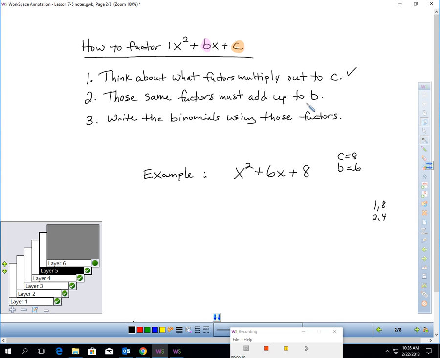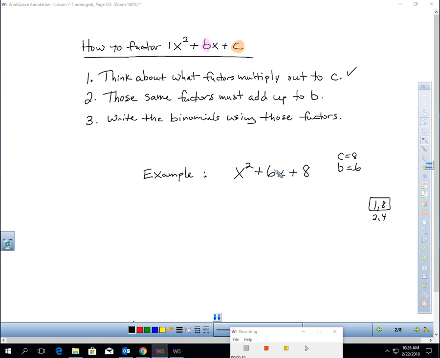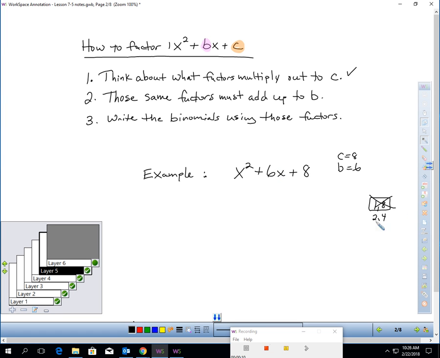Those same factors must add up to b. b is 6. Do 1 plus 8 add up to 6? Nope. What about 2 plus 4? Yes, it does. So write the binomials using these factors.